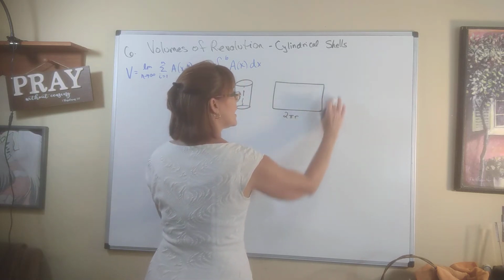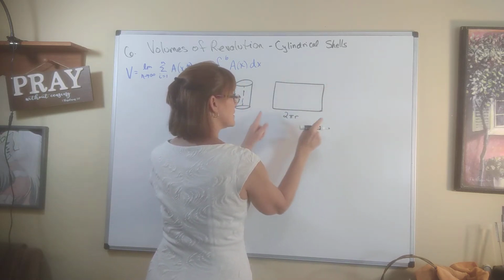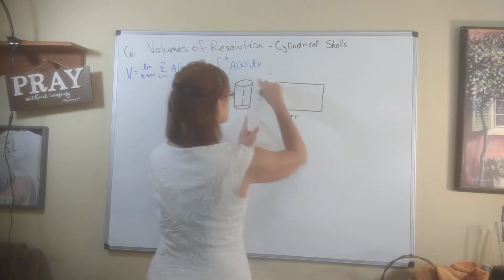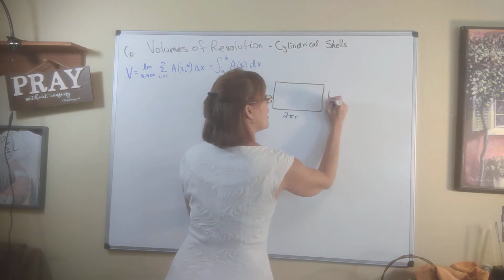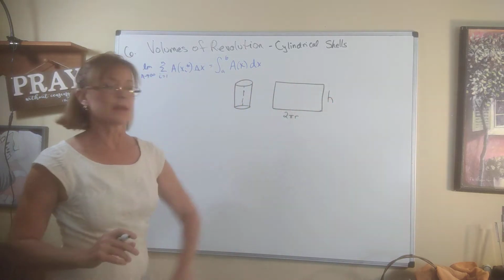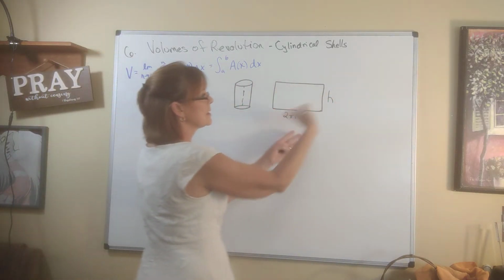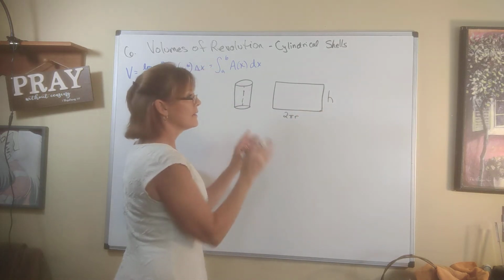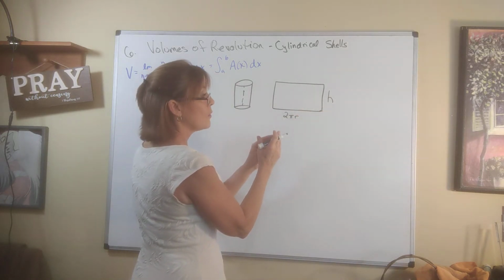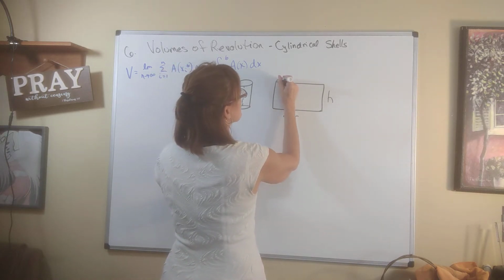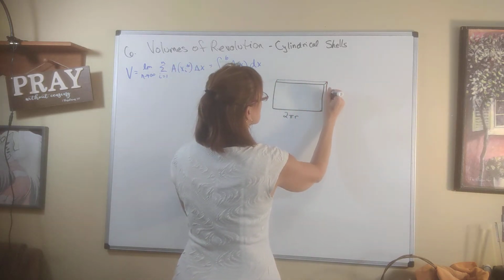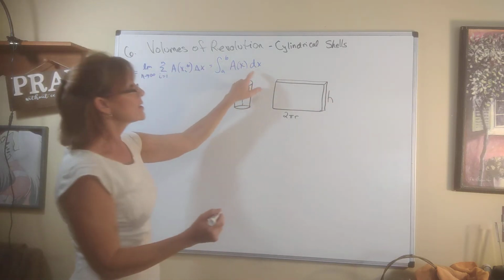And then times the height, length times width, or base times height. The height of that cylinder. So this is the area of the cylindrical shell. Now, times the thickness, because these all have a little thickness on there, right? That is our dx.